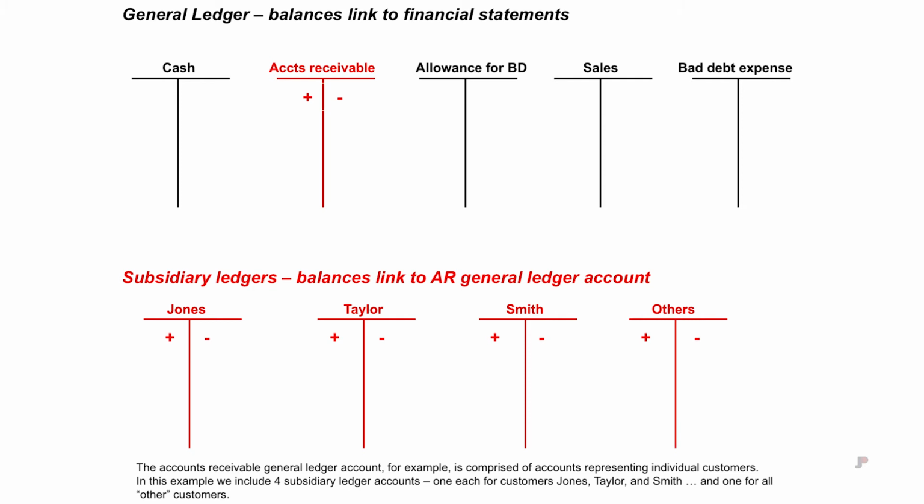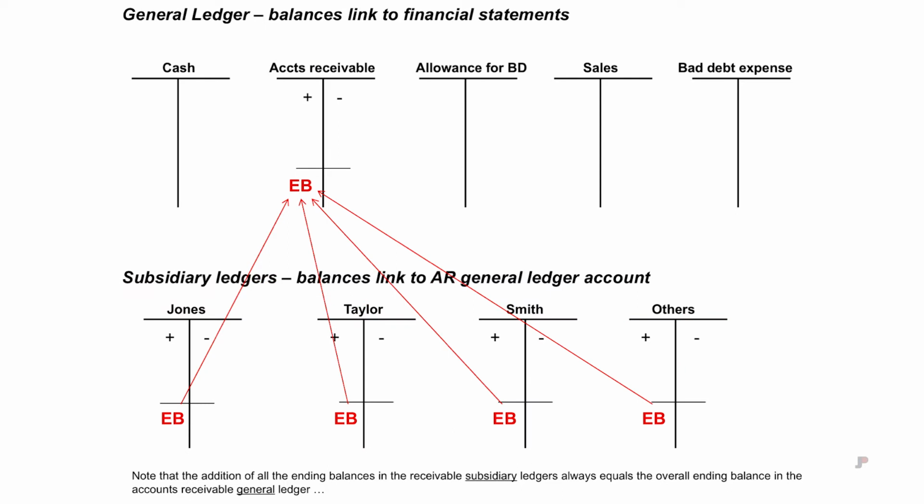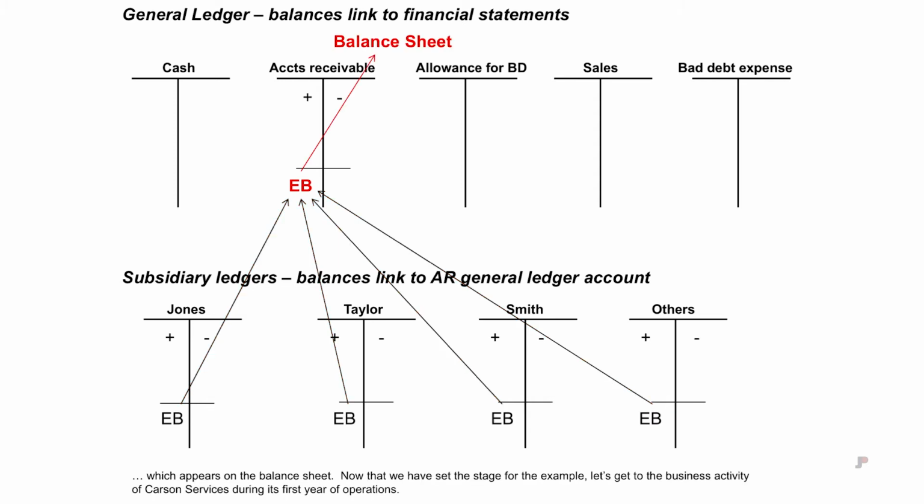In this example, we include 4 subsidiary ledger accounts, one each for customers Jones, Taylor, and Smith, and one for all other customers. Note the addition of all the ending balances in the receivable subsidiary ledgers always equals the overall ending balance in the accounts receivable general ledger, which appears on the balance sheet.